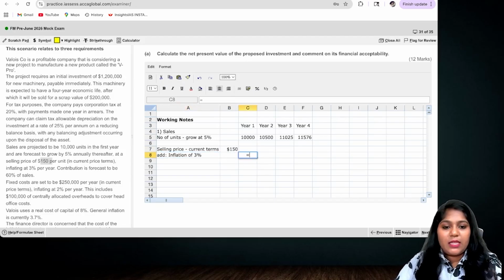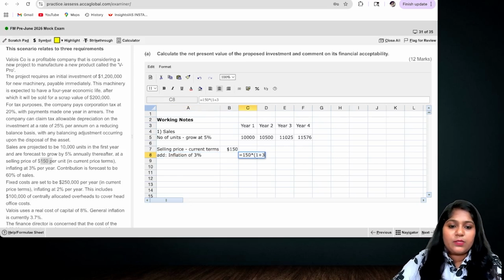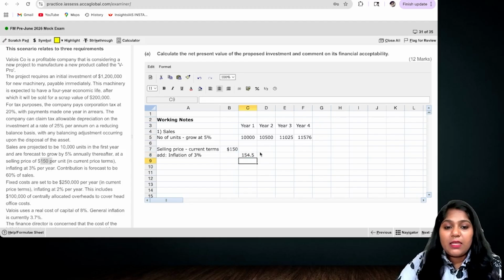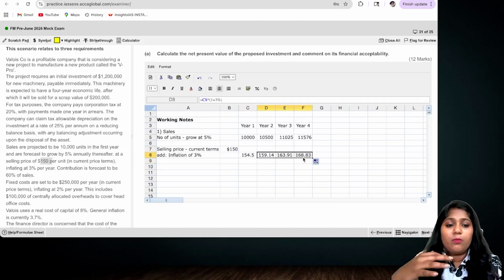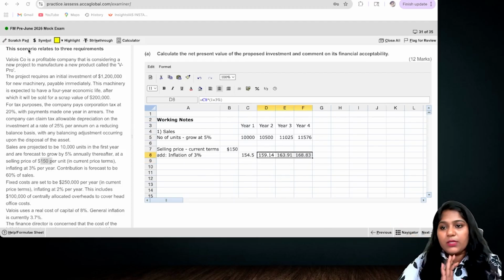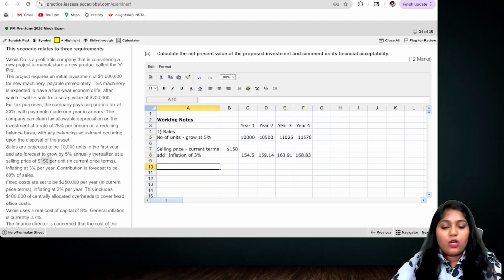That means in year 1, it is not 150, it is rather 150 into 1 plus 3%. Correct. In year 2, it is 154.5 plus 3%. Correct, guys. And you can go ahead and drag it down. Ma'am, can we do compounding? You can do compounding also. Ma'am, can we do it this way? You can do it this way also. That is totally up to you guys. Right. Once after that, you can find out the total sales that happen every single year.